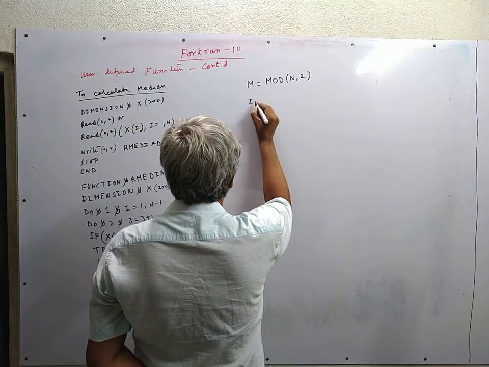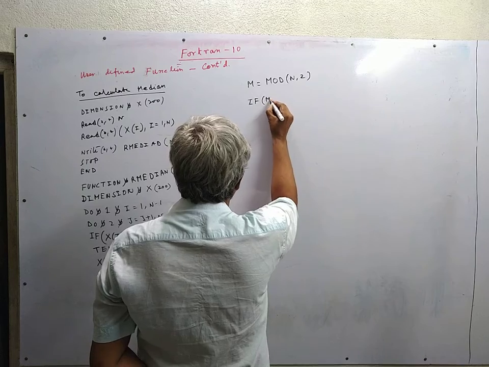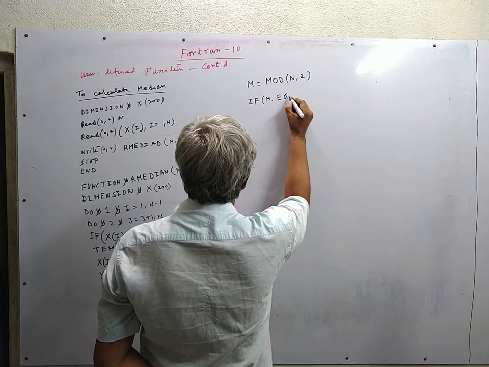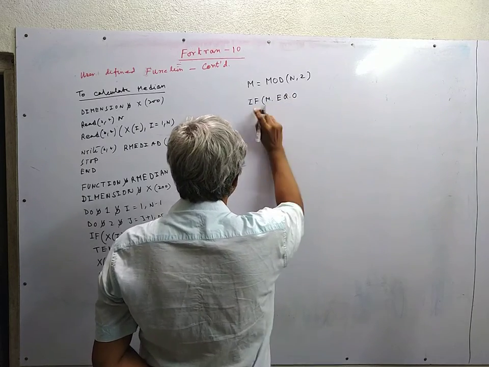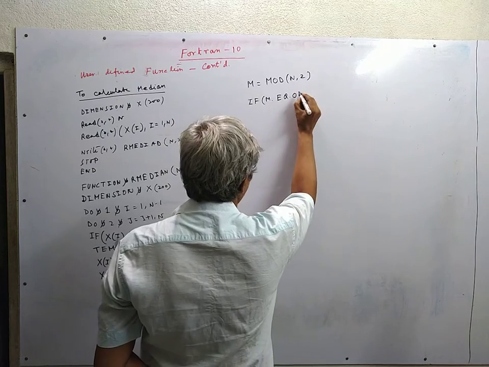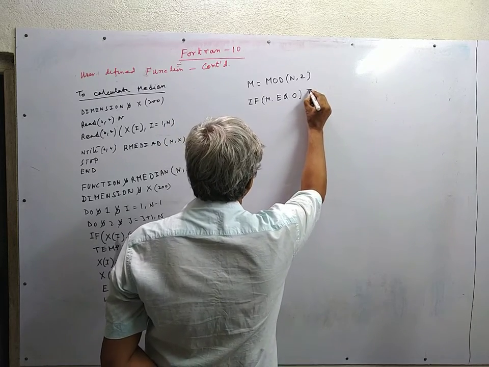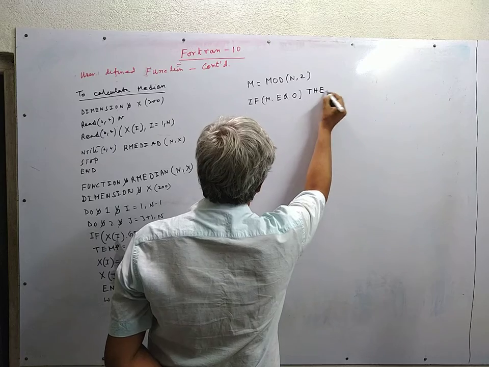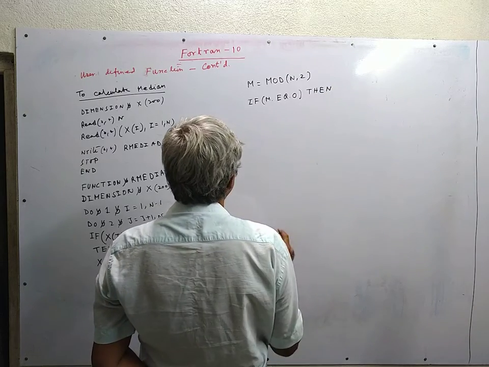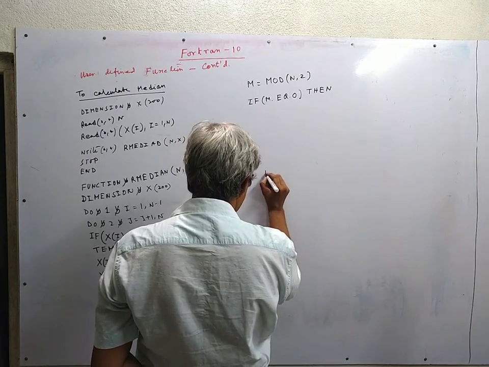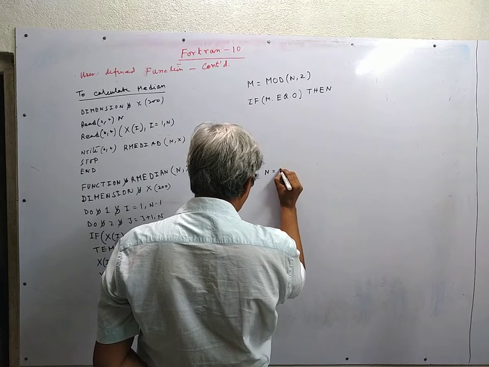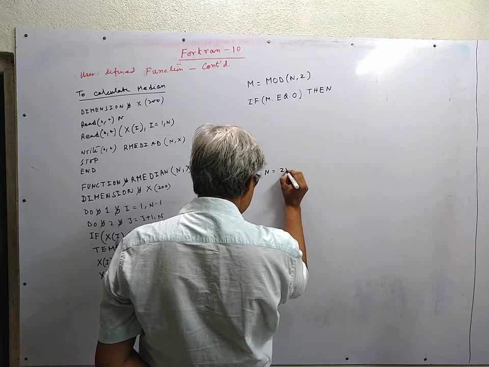So if m is equal to 0, here since m is an integer, I am not putting 0.0, then n is even, so n is equal to 2m.